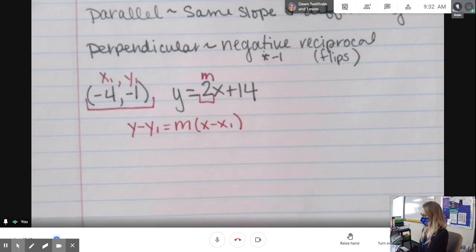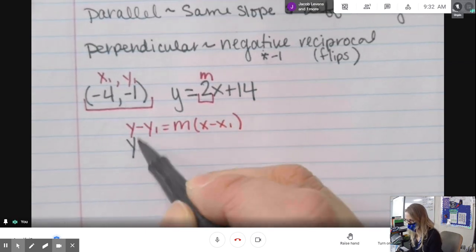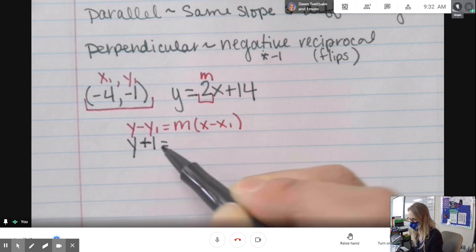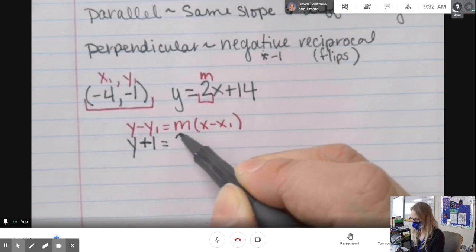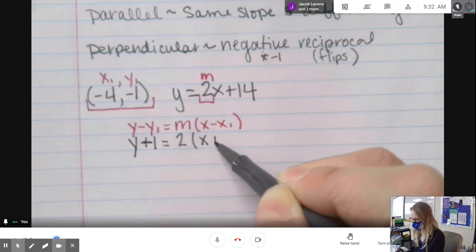Just as a quick review. So I'll have y minus -1. I'm going to write plus, though, because that's better. Equals 2 times x plus 4.